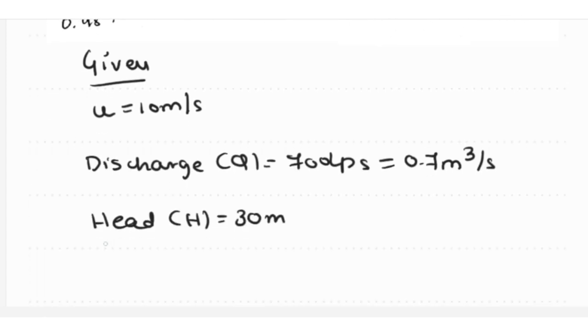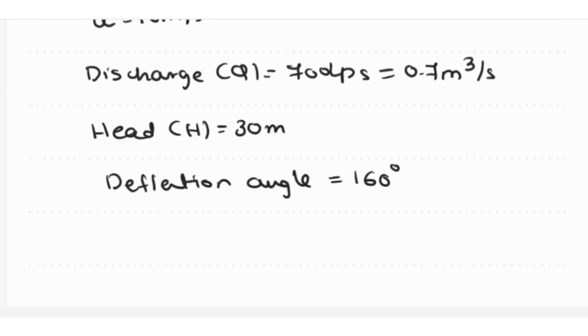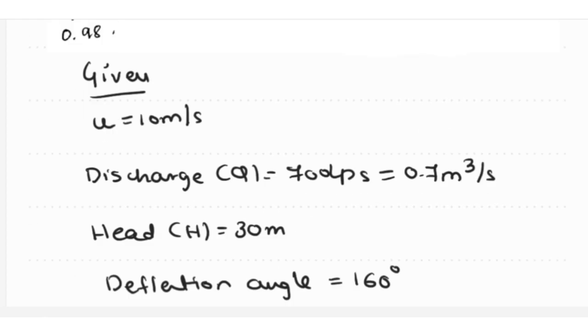So the deflection angle is given as 160 degree. Now we can calculate beta 2 very easily. Beta 2 will be equal to 180 minus 160 degree, so that is equal to 20 degree.